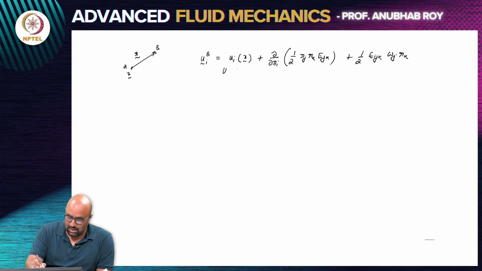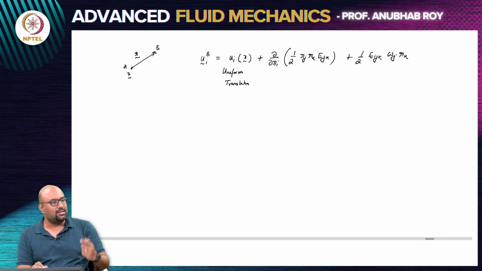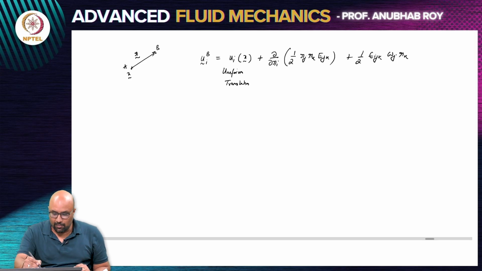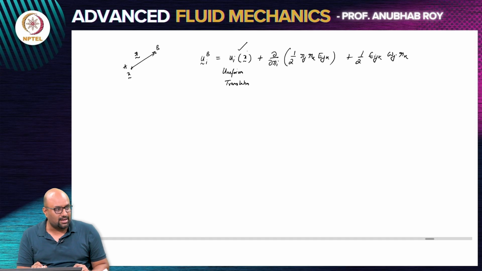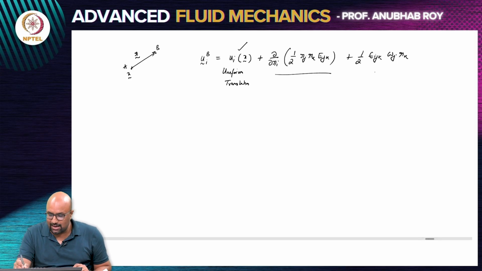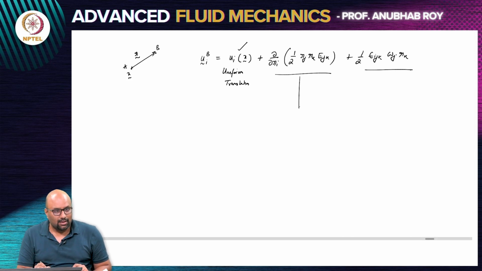This is just a uniform translation. So about a point A, if I want to find out the velocity of any neighboring point, it would be related by the velocity at point A, which is the uniform translation part, and then I have these other two pieces. Now what are these two pieces? The first one is the part that comes from the rate of strain tensor.